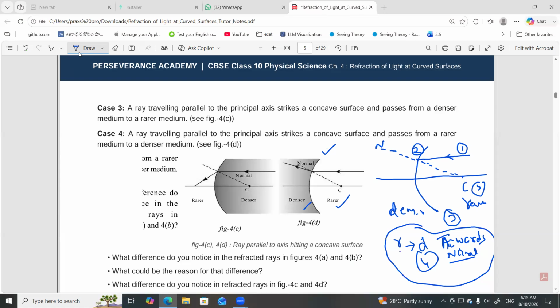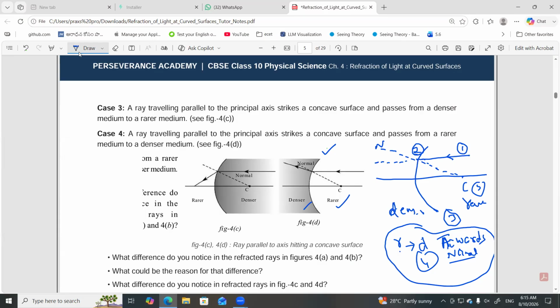Imagine that if no curved surface is there, the light ray direction is this one. If I draw this side, the light ray is bending away from the normal. If I draw upward, it is towards the normal, because the normal is here.